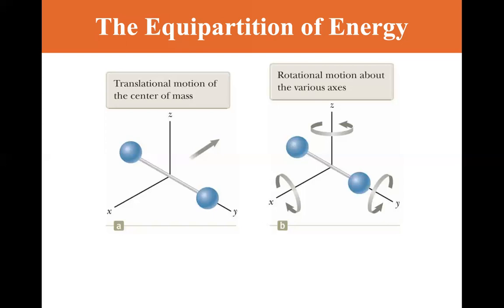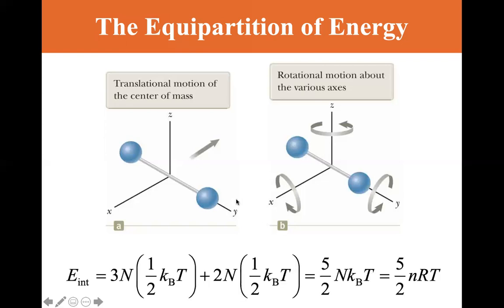So having the diatomic molecule adds 2 more degrees of freedom. The translational motion in X, Y, and Z gives us the 3 degrees of freedom. Here we get 2 more, in the rotation around the X axis and the rotation around the Z axis.